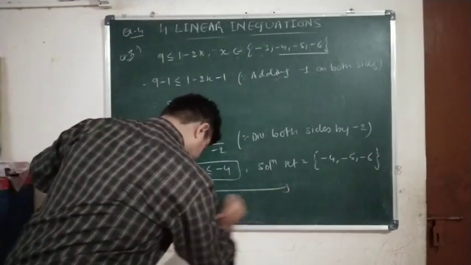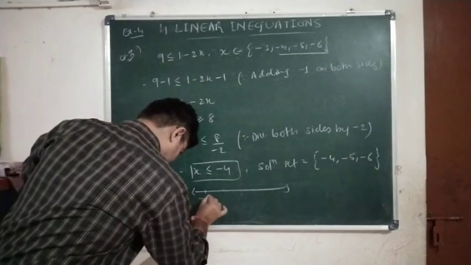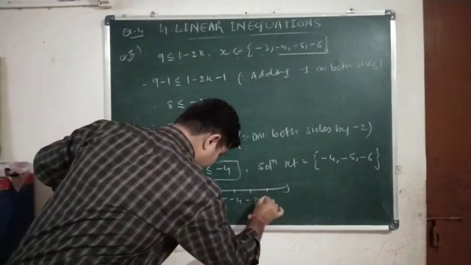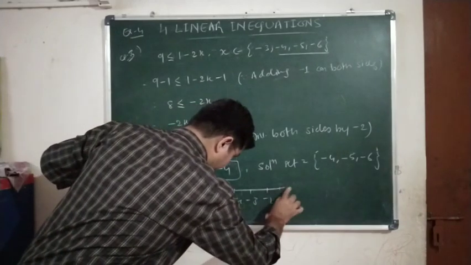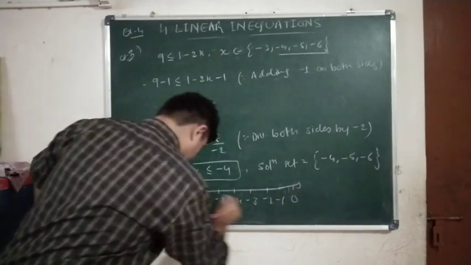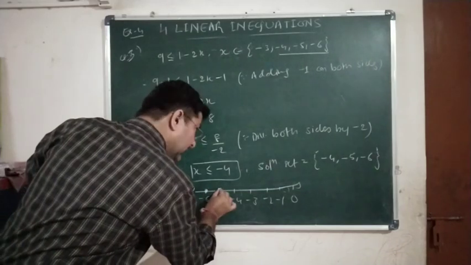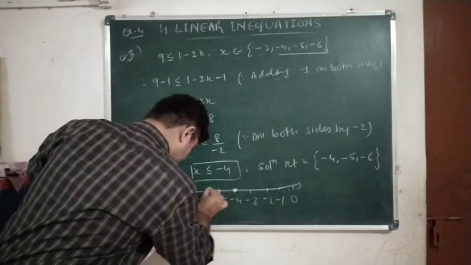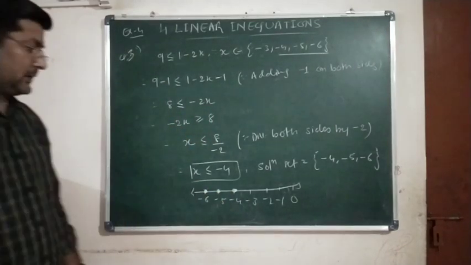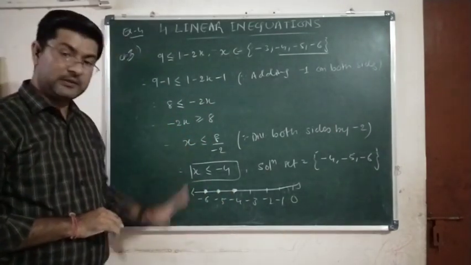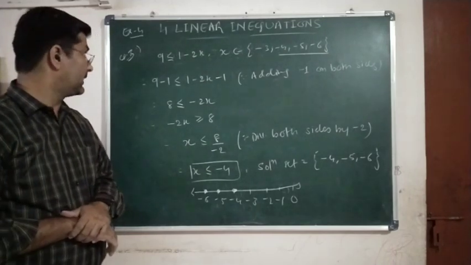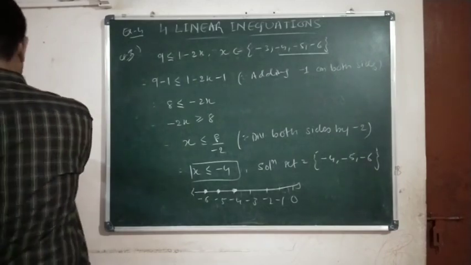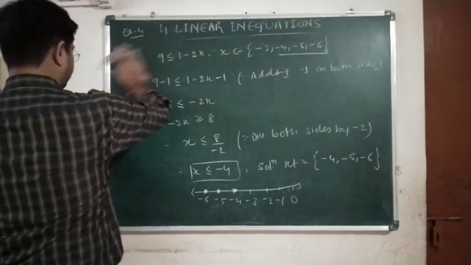Minus 6, minus 5, minus 4, minus 3, minus 2, minus 1, 0, and minus 5, minus 6 and minus 4. These three are the required points. Clear? So this is the representation we have done on the number line. Question number 3 is over. Now let us solve the next question.